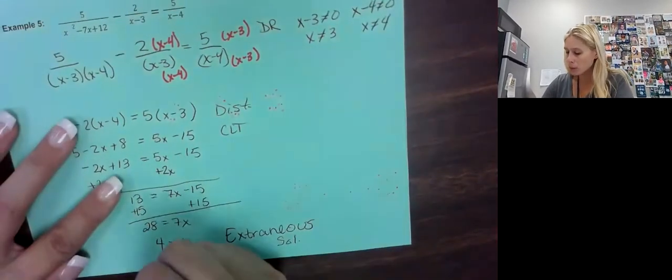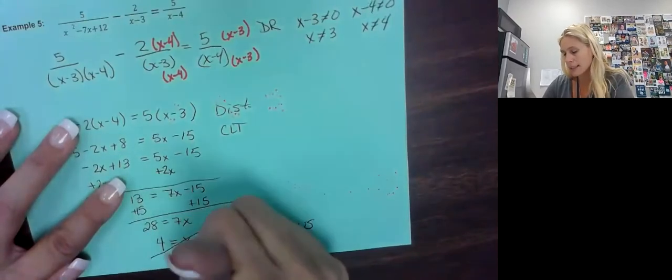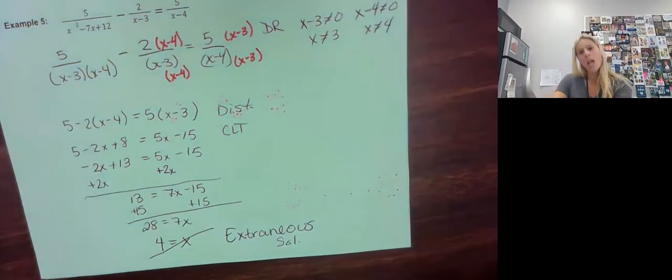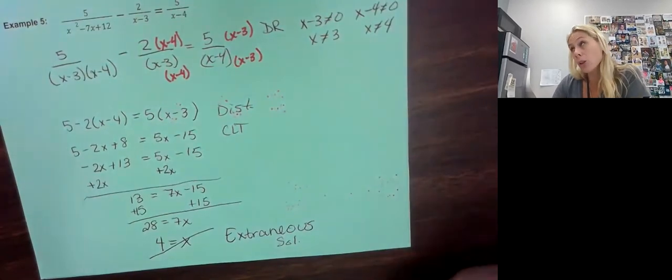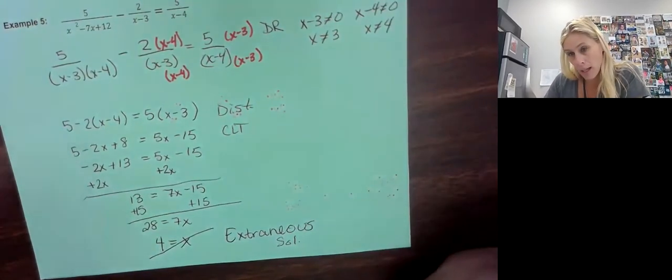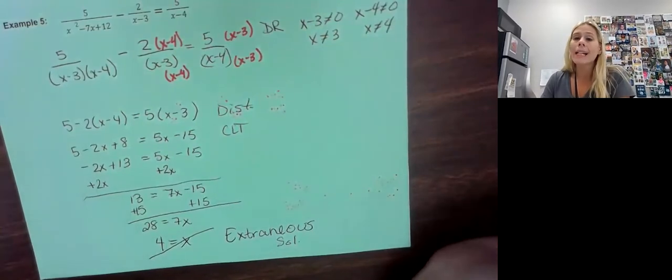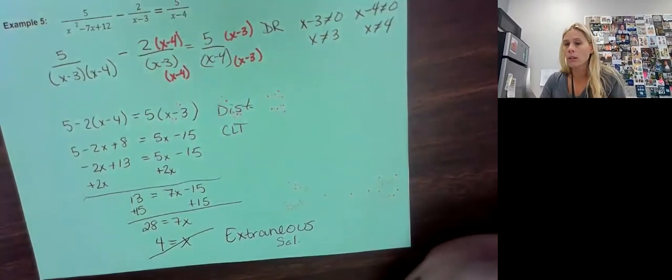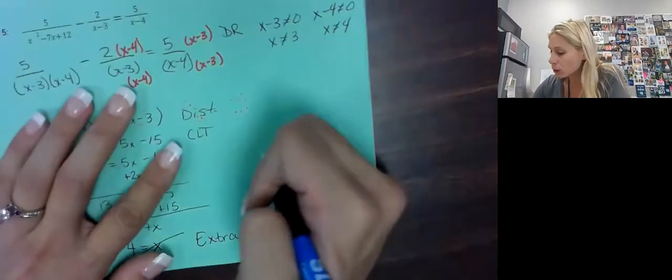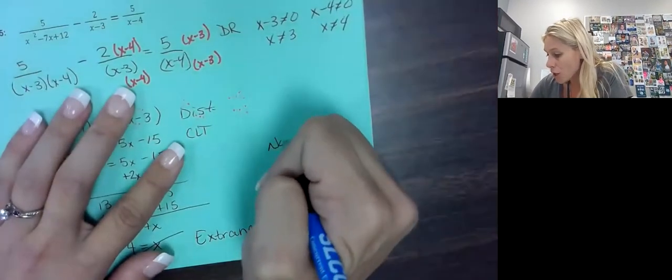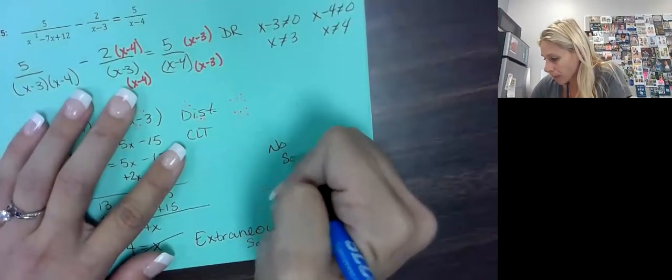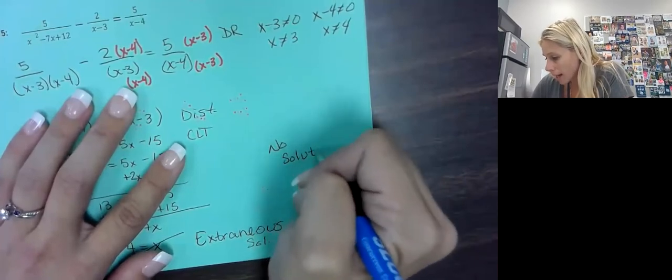So when this happens, what I want to do is I cross that extraneous solution out. Okay, so cross out that extraneous solution. Now in this case, we have no other solution. Well, if we have no other solution, that means there is no solution.